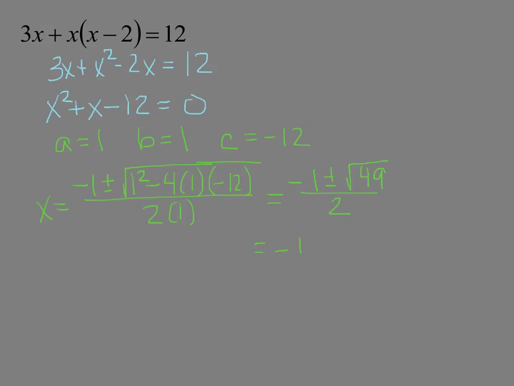That's going to equal negative 1 plus or minus 7 over 2. If we work both of those out, negative 1 plus 7 over 2 gives us 6 divided by 2, which is 3. So 3 is an answer. And then you work the negative 1 out. You're going to get negative 8 divided by 2, which will be negative 4.